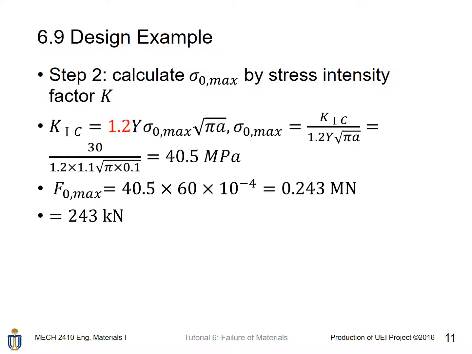We just arrange the terms and plug in the values, and be careful about the units. We get that the maximum allowable applied stress is 40.5 megapascal. When we have the stress, we can find the force, as we have already been given the area. Therefore, we find that the maximum allowable force is equal to this value.